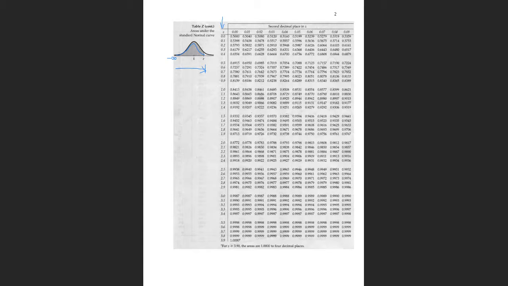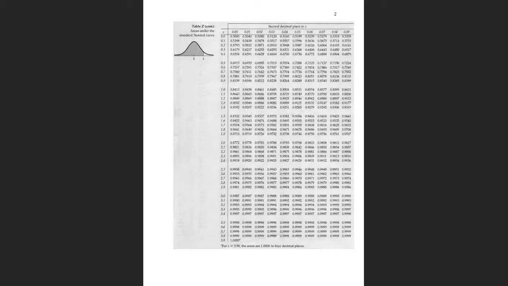Okay, so now let's go back to our question, going back to this first page. I said that we had to find the probability when z is between 0 and 1.